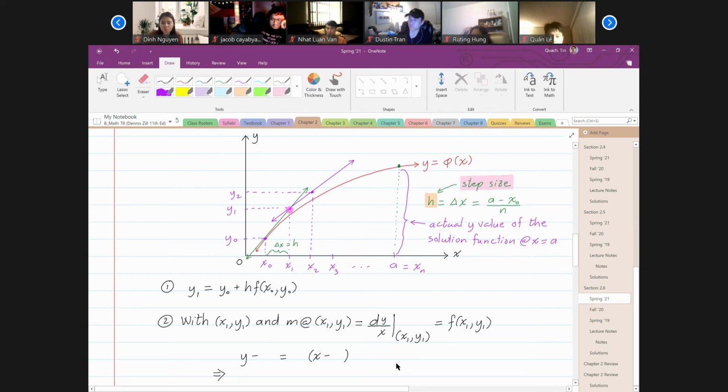And then once you have that, you use this point as your initial point, and you find the tangent line of that initial point. See, the tangent line passing through the actual point is right here, but we don't have that. So we use this point and the derivative and find the second tangent line, okay? Then you use that line to find the y value at x sub 2 of the tangent line, which is right here.